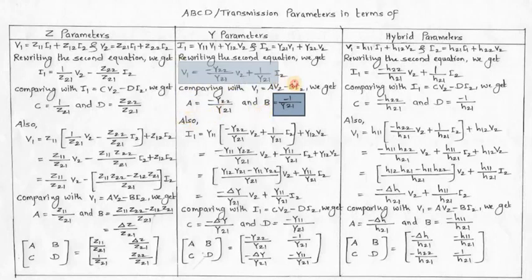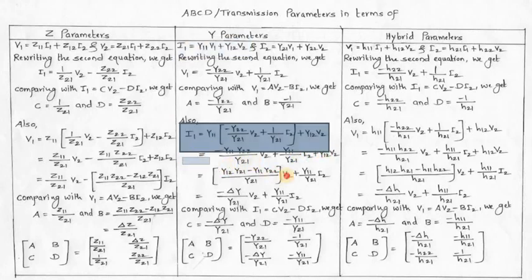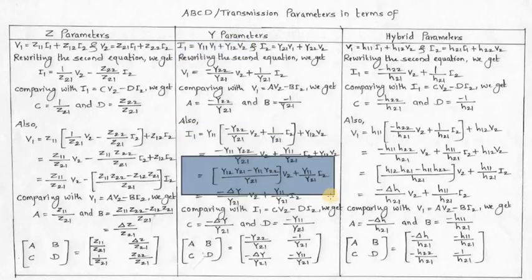Then I would substitute this expression in equation number 1. So I get I1 in simplified form in terms of V2 and I2. One of the equations defining ABCD parameters is I1 in terms of V2 and I2.